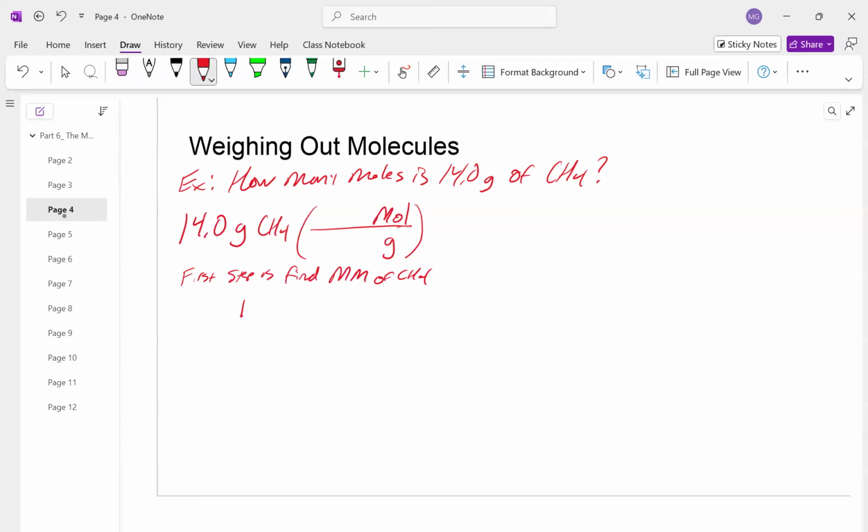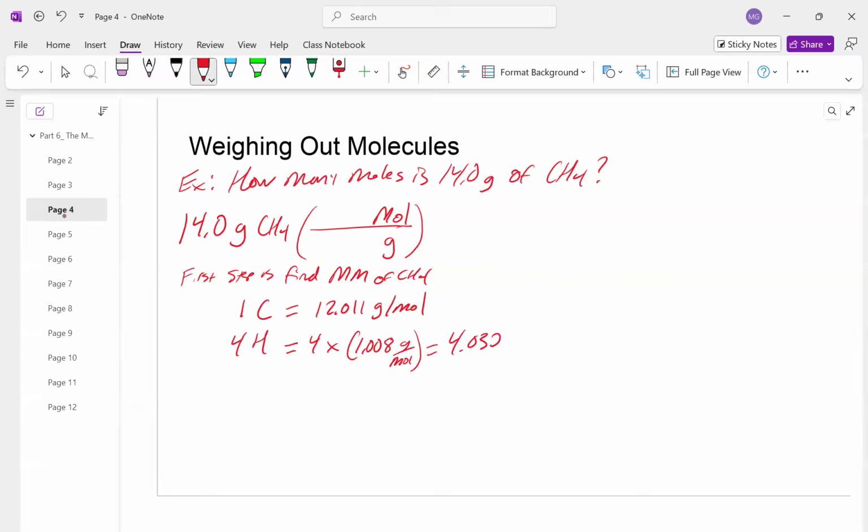So I look up at the periodic table, one carbon atom, or if I'm going to use molar mass, 1 mole of carbon is 12.011 grams per mole. I get that right from the periodic table. I have 4 hydrogens in the formula, so I'm going to do 4 times 1.008 grams per mole.